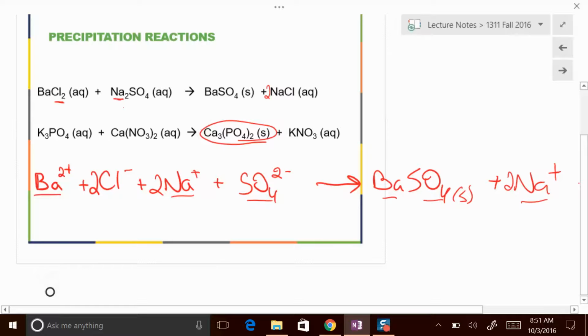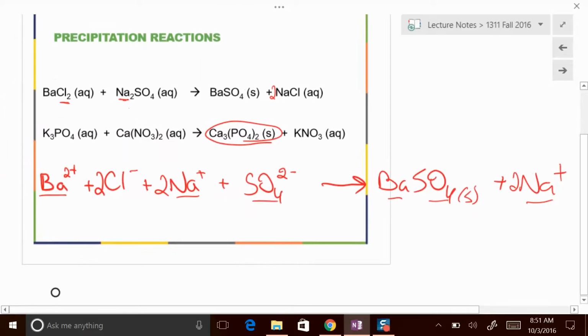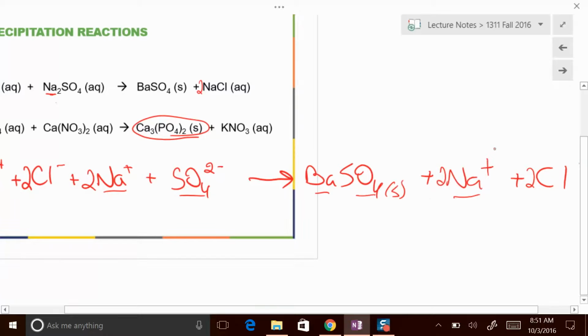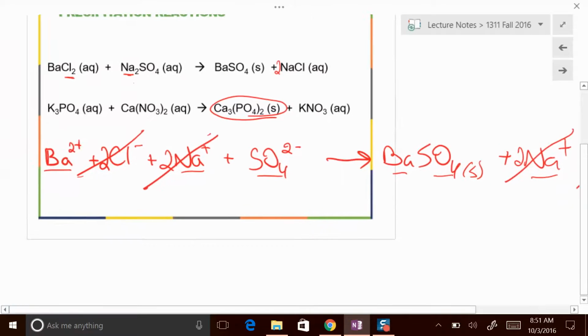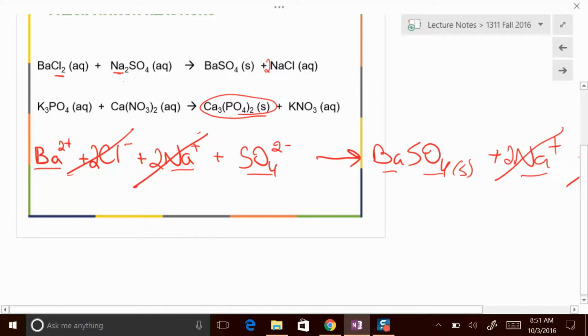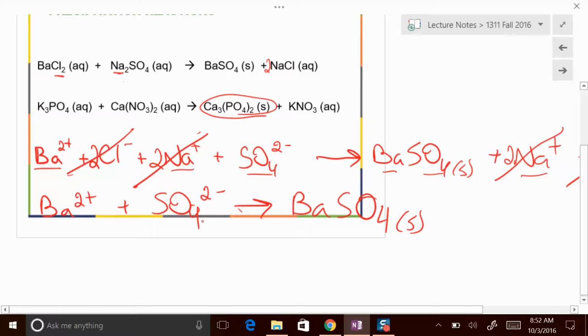All right. Now, what are the spectator ions? Those are the spectator ions. What is the net ionic equation? Okay, that's my net ionic equation.